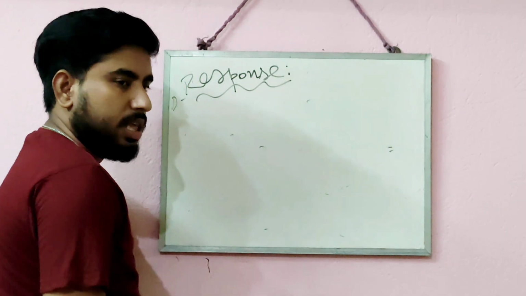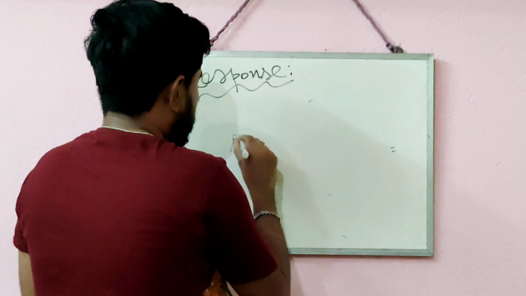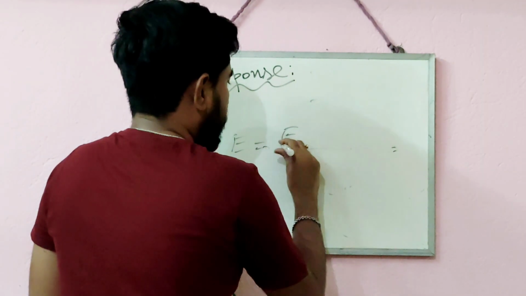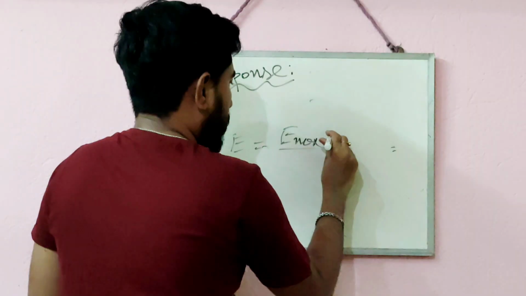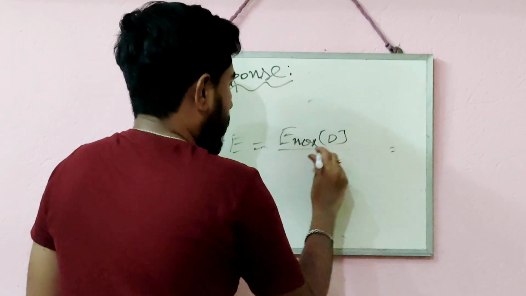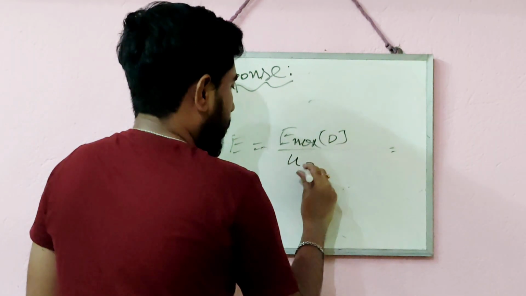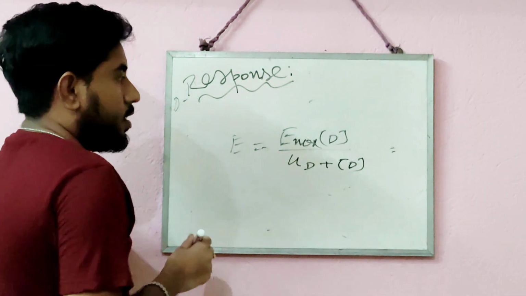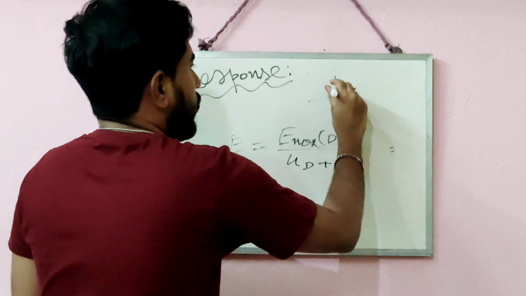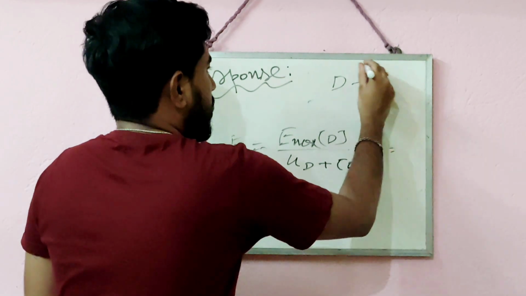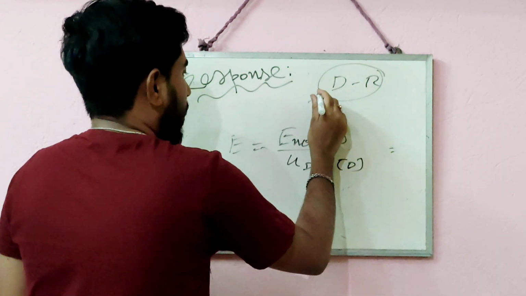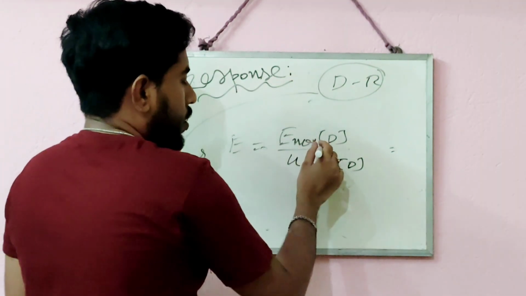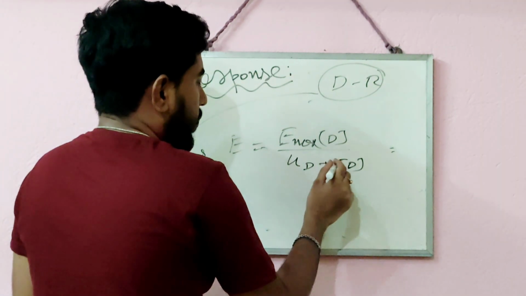That equation is E is equal to Emax into D divided by KD plus D. So to understand the relationship between drug and response, it can be explained by an equation: E is equal to Emax into D divided by KD plus D.